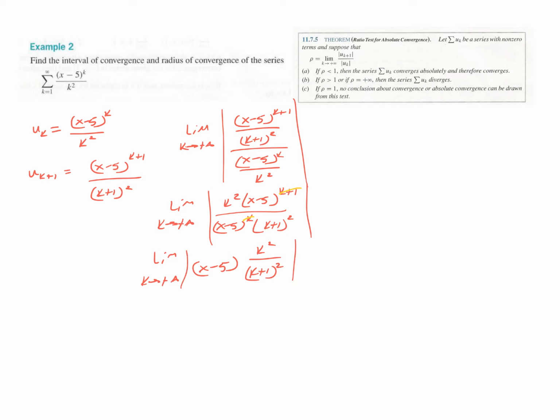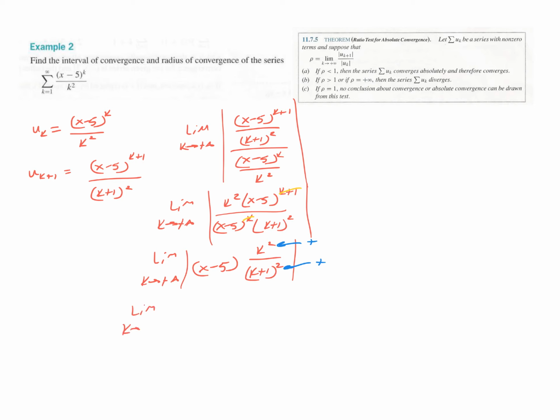So I'm not seeing where I can take a limit or see what's happening. However, since k is a positive integer, right? The whole thing squared, this is always going to be positive. That makes the absolute value not necessary.